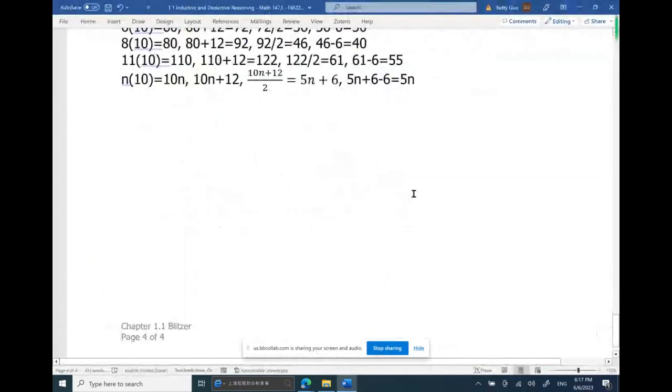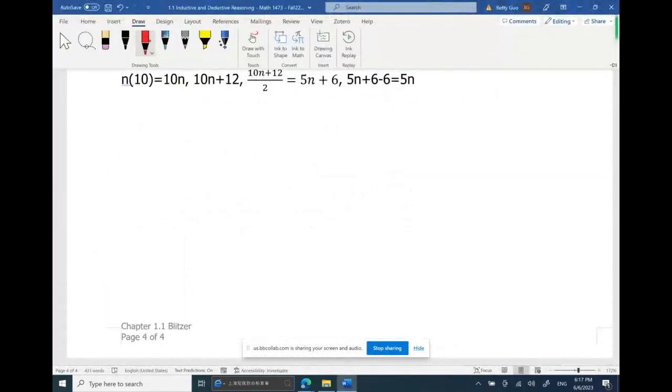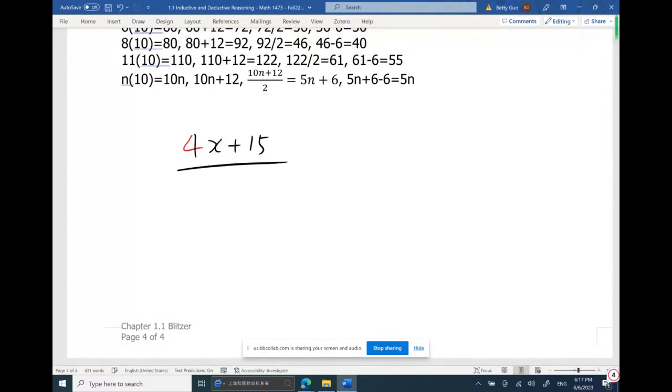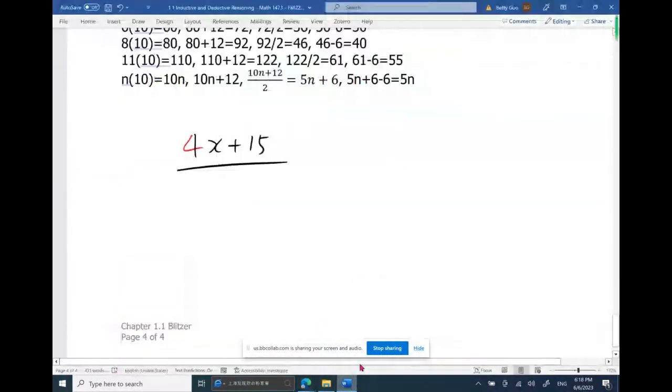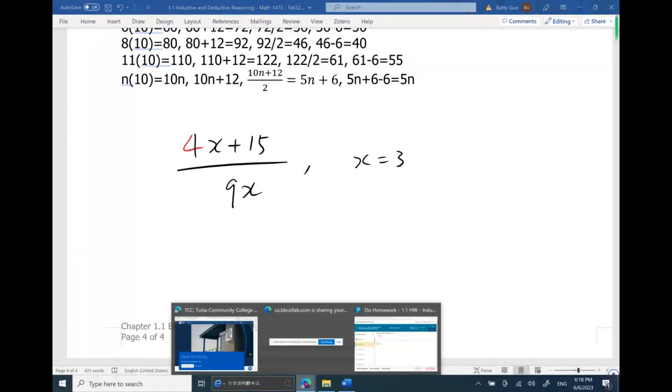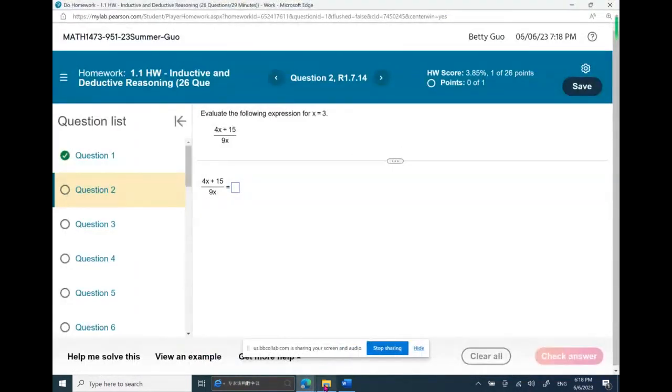4x plus 15 in the numerator, denominator is 9x. And we are evaluating that for x equals 3. Okay, so this is a very good example, because through this example, I'm going to show you how I plug in.